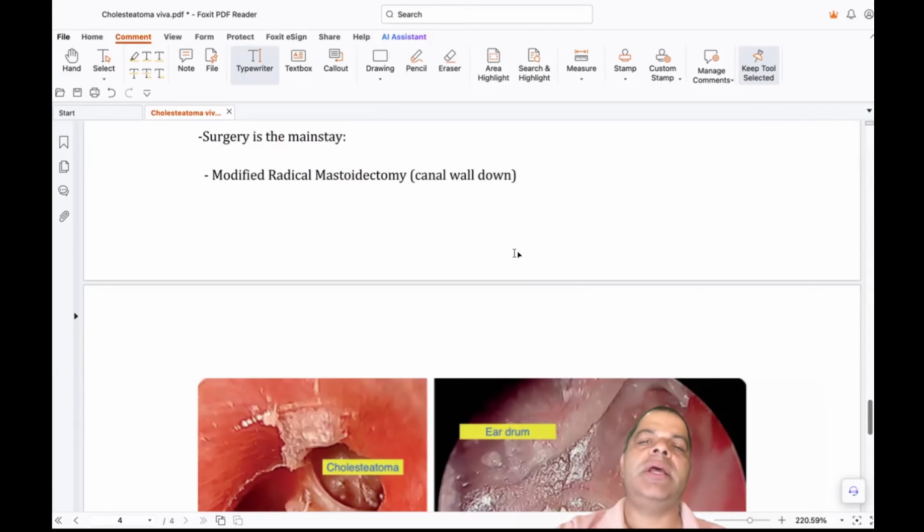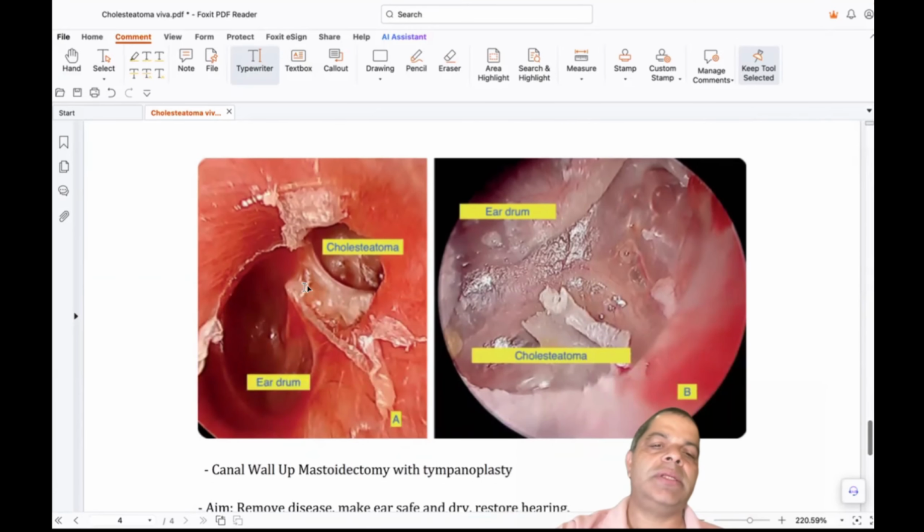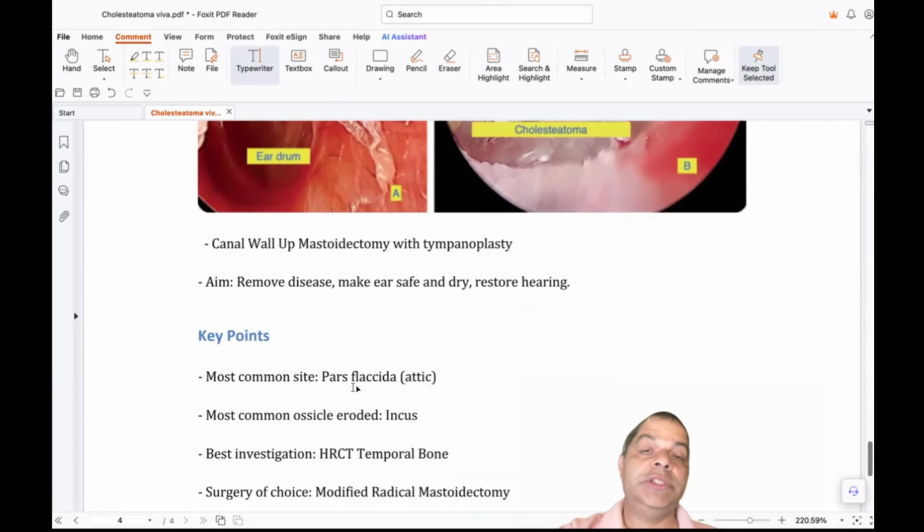What type of surgery is this? Canal wall down surgery. You can see the cholesteatoma here, and the grafting material kept here. This is the cholesteatoma; you can see here also. There is a canal wall down mastoidectomy, but there you also have to do tympanoplasty.